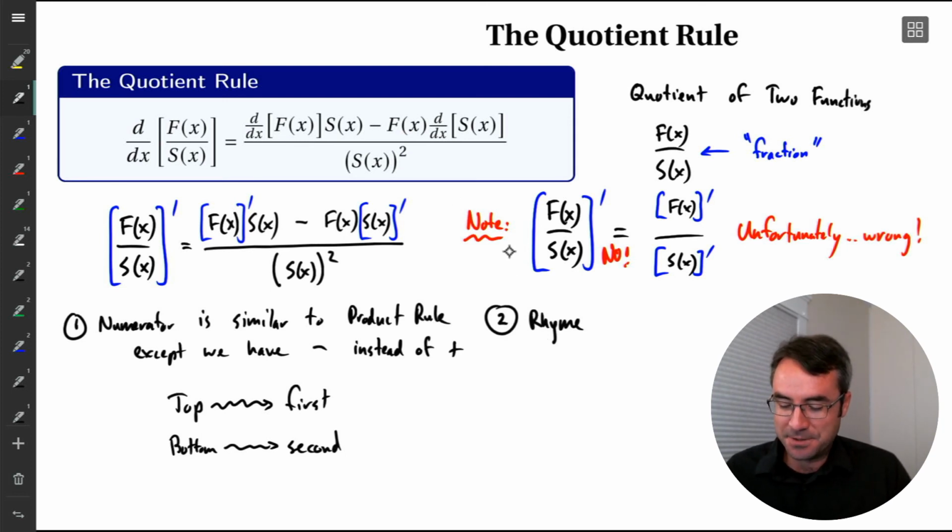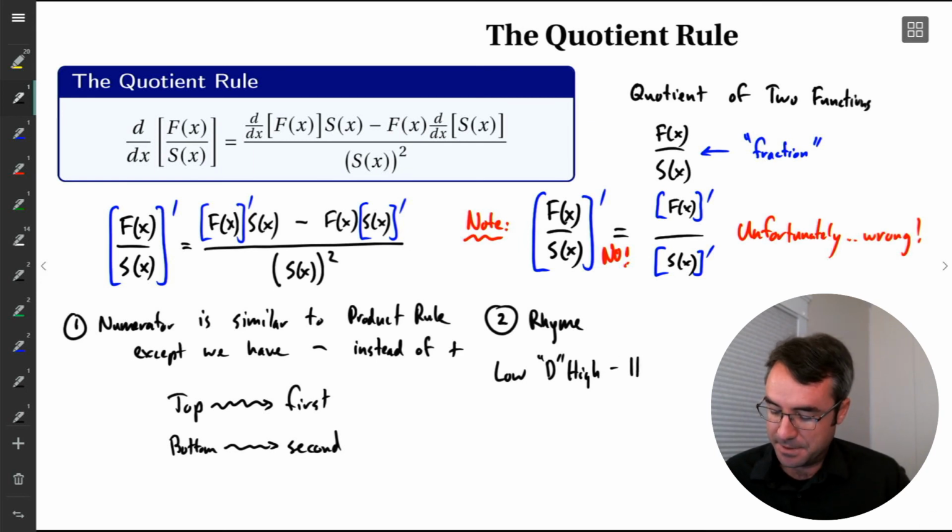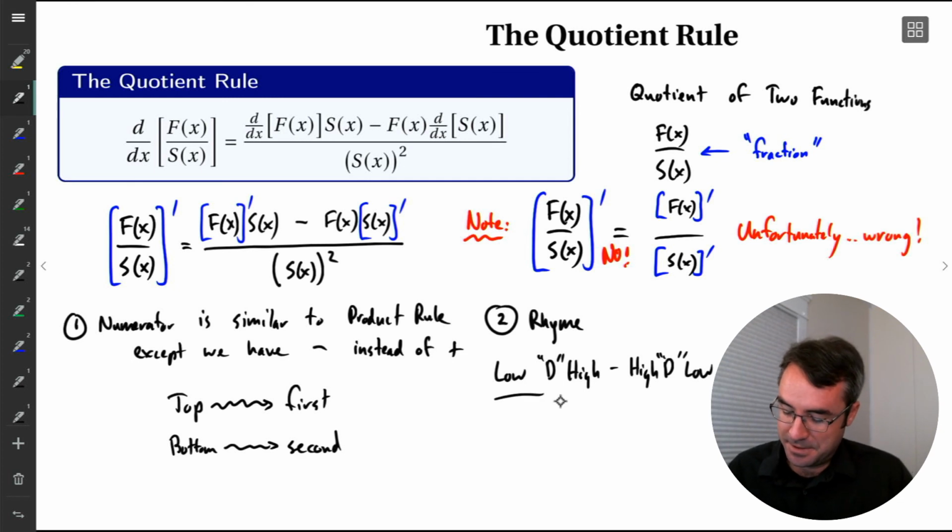But how it goes is another way to remember this formula: low D high, minus high D low, and then draw the line and you square the low.